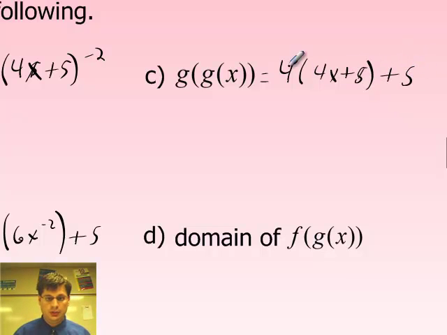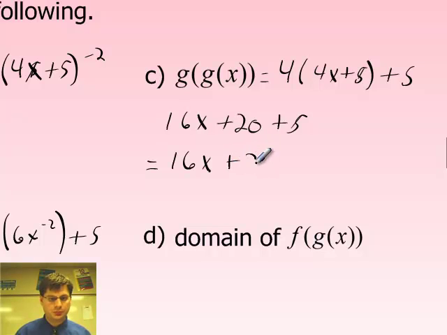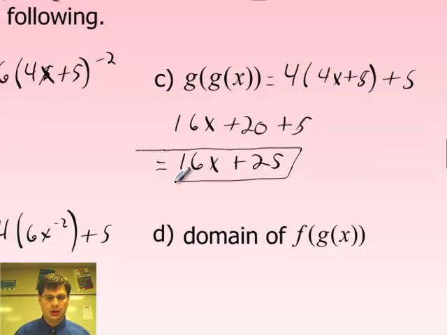Now I'll distribute my 4. That's going to give me 16x plus 20, and then plus 5, and that simplifies to 16x plus 25. And that would be my composite function.